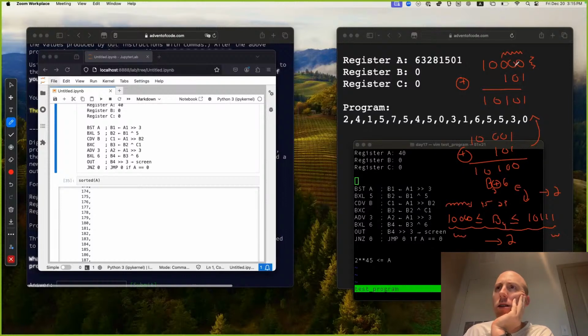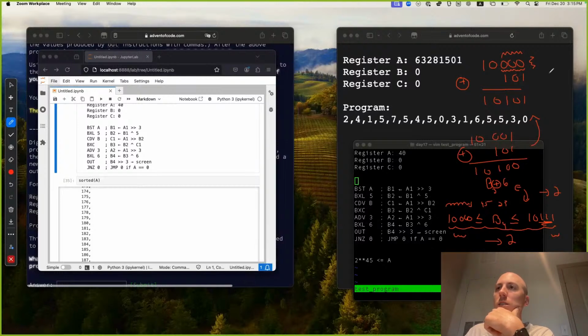Actually, you will get all zeros, because you're just marching, incrementing this thing up to all ones.